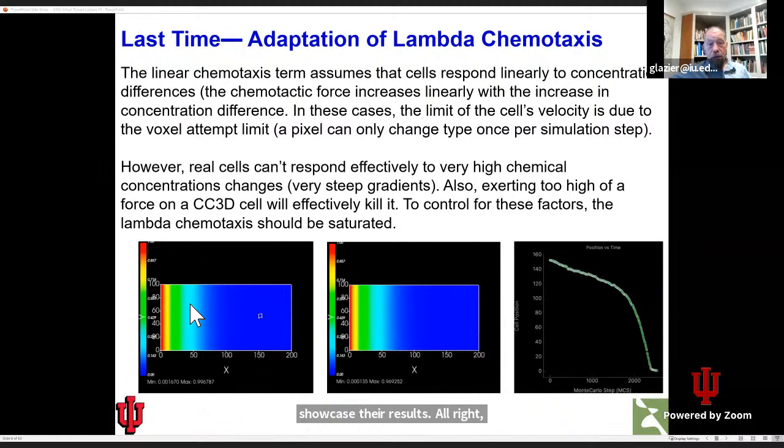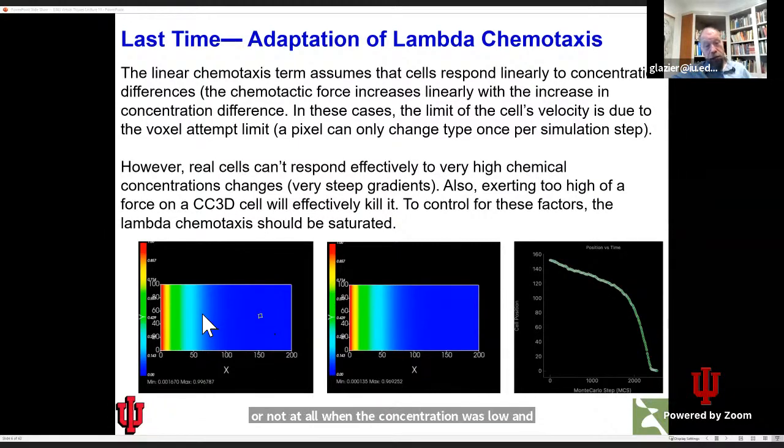And then we also looked at adaptation, and this perhaps is something that should be built into CompuCell, into the plugins. We found that if we had an exponential gradient of a chemical, the cell didn't move very rapidly at all, or not at all, when the concentration was low.